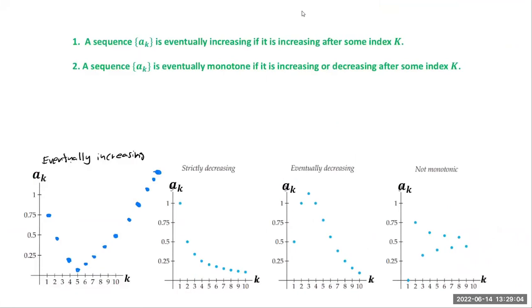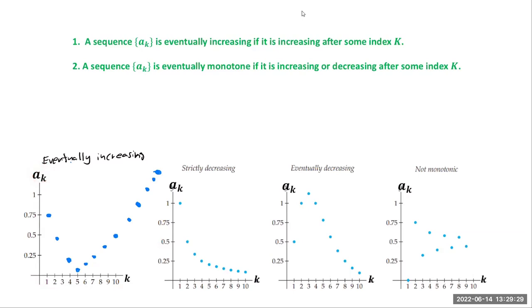All right, the next thing I want to talk about is eventually increasing sequences and eventually decreasing sequences. What do you mean by an eventually increasing sequence? Well, let me explain that using a graph. This is the first graph I want to show you. The Y-axis represents a_k.